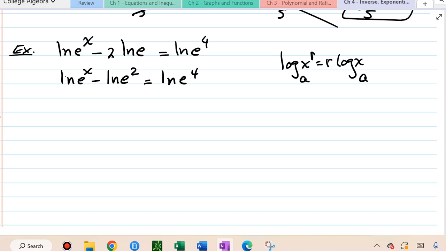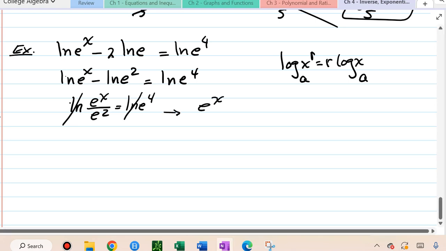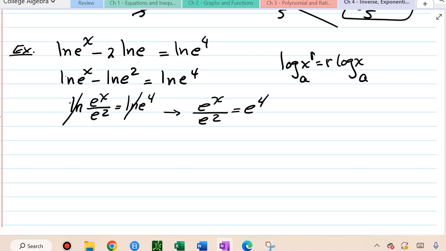Now, what do we do? Now we do the quotient rule. So this is going to be ln of e to the x over e squared equals ln of e to the 4th. Perfect. Now I can drop the logs. So from this, we get e to the x over e squared is equal to e to the 4th.